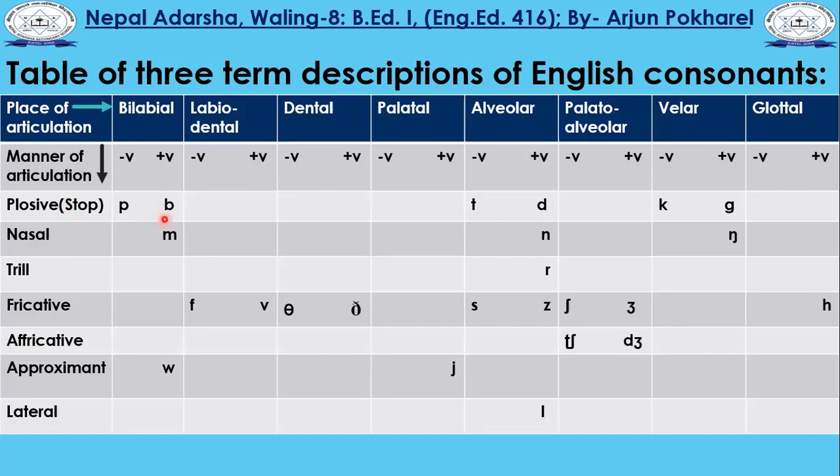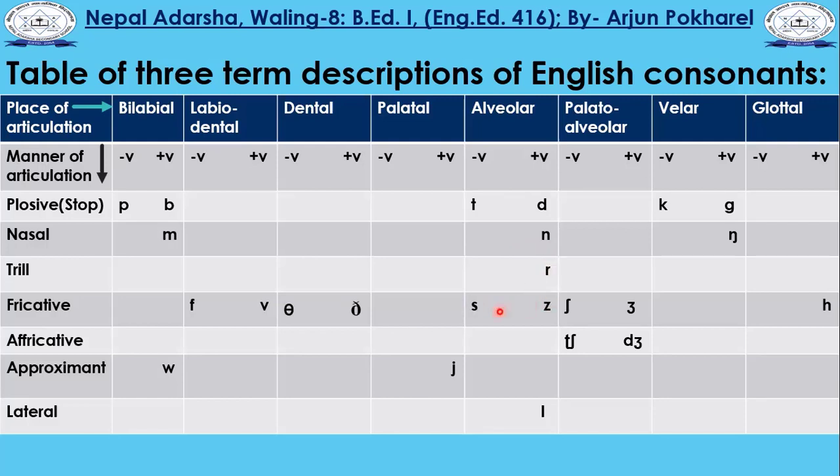These sounds come in pairs. Some come in isolation, like m, they come alone. Out of the two in a pair, the first one is voiceless and the second one is voiced, always. But m comes alone, r comes alone, l comes alone.